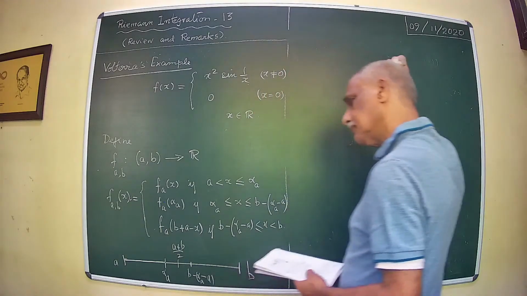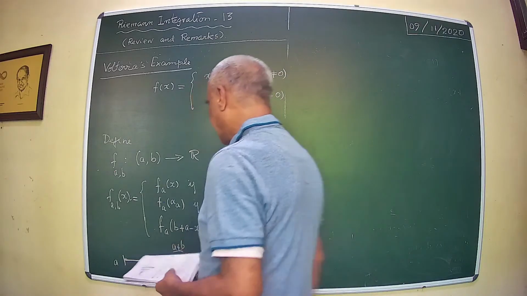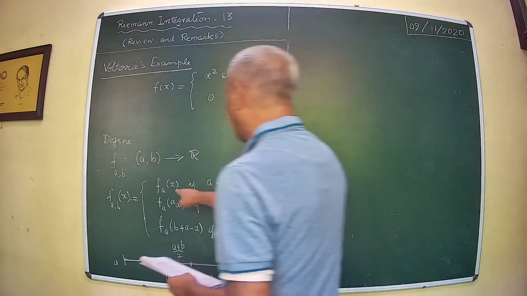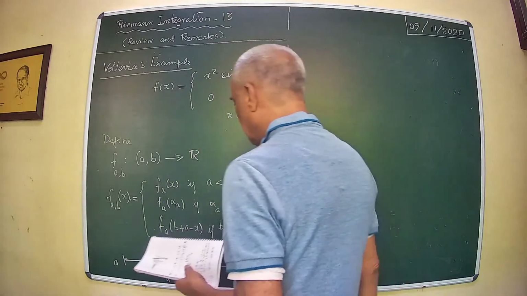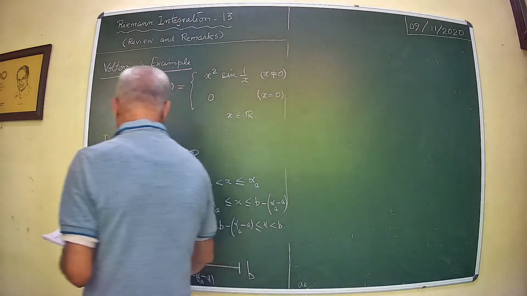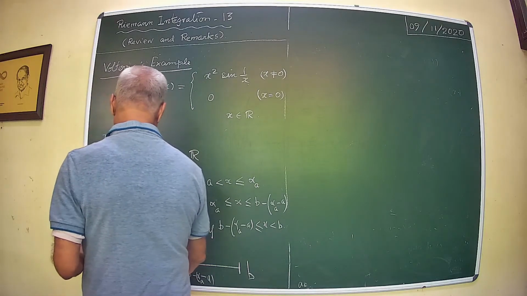Okay. Now what we do is we take this function f_a(x) as we have defined here. You see this is a point where the function attains a maximum or a minimum, depends.